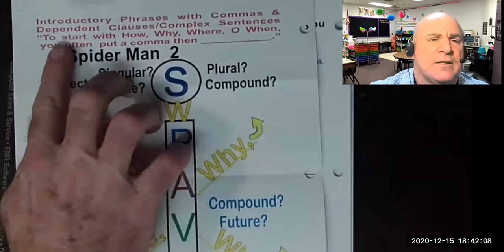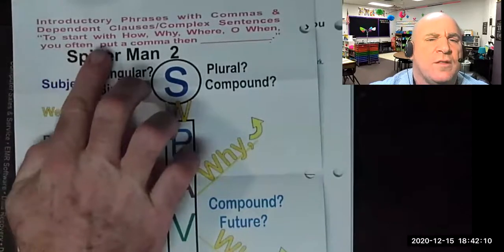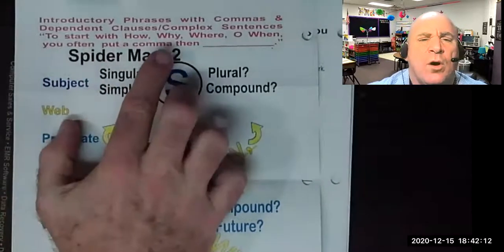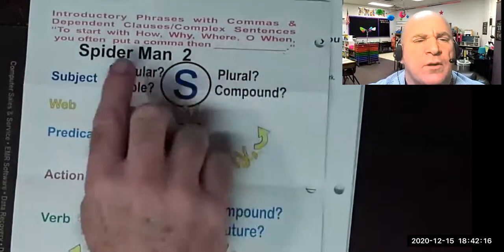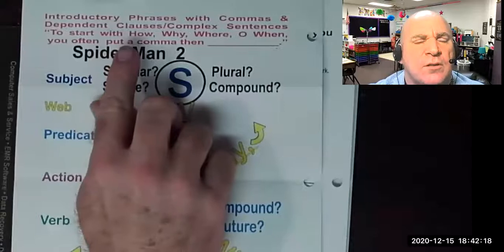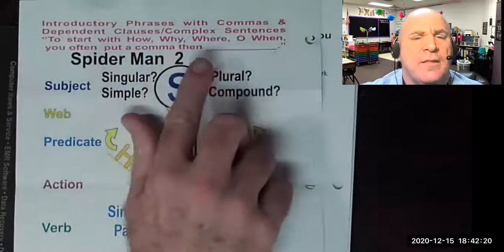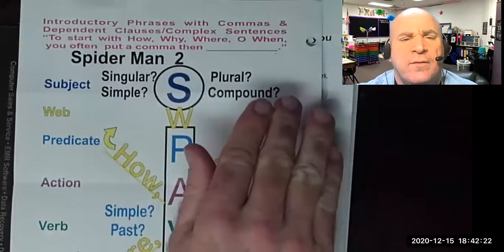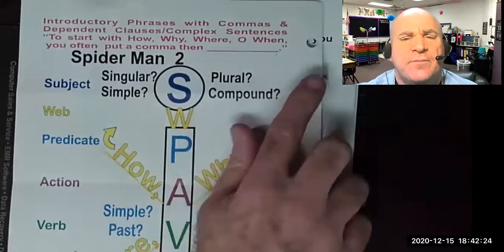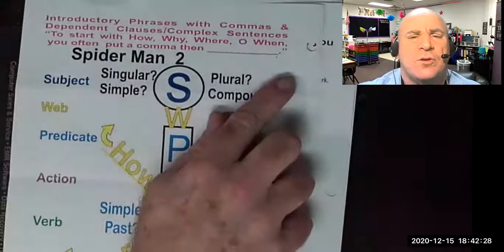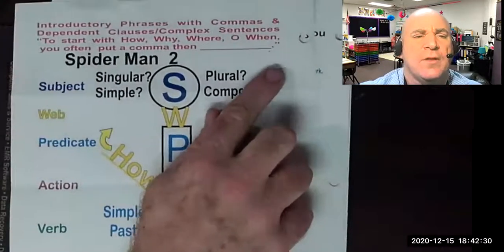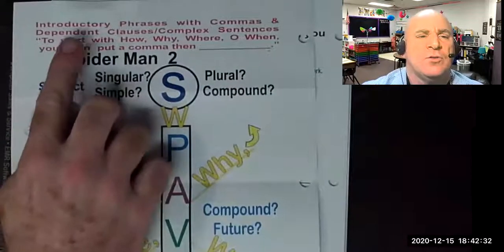First, I'm going to show you the saying. It says, to start with how, why, where, oh, when, you often put a comma, then the independent clause, and then a period, an exclamation, or a question mark. Okay, we'll say that again.